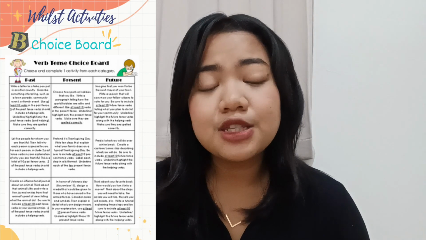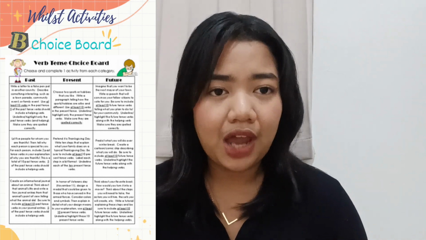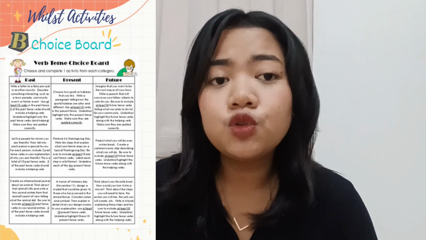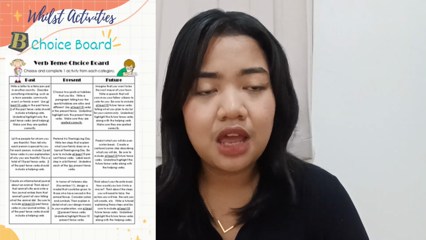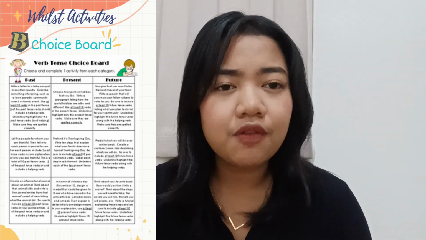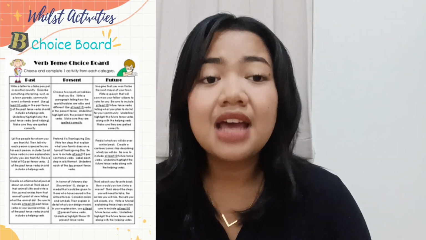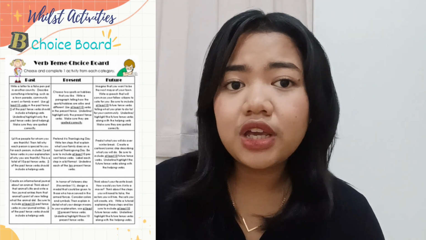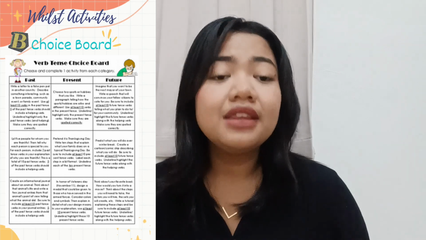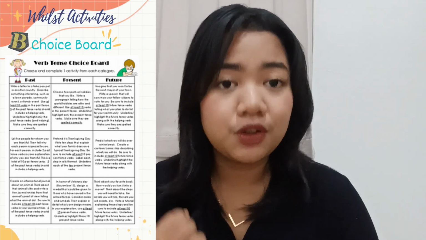Okay, the second activity is a choice board. On this choice board, the teacher provides students with a variety of activities that allow them to choose how they want to further explore and understand verbs. The choices involve a variety of creative activities such as creating a poem, composing a story, or maybe making a poster that shows the use of verbs.